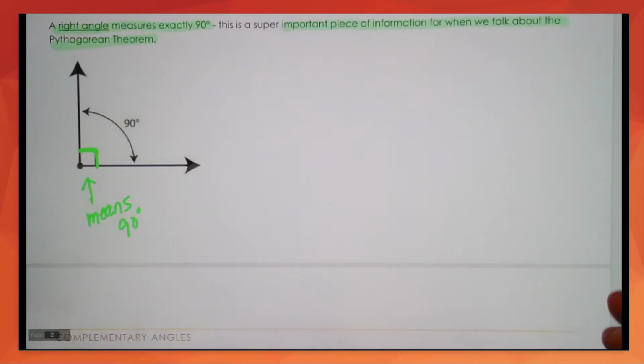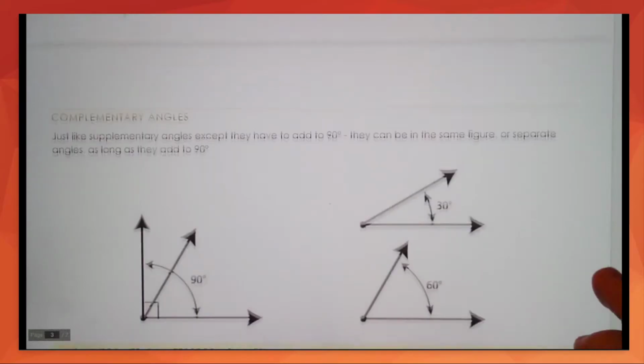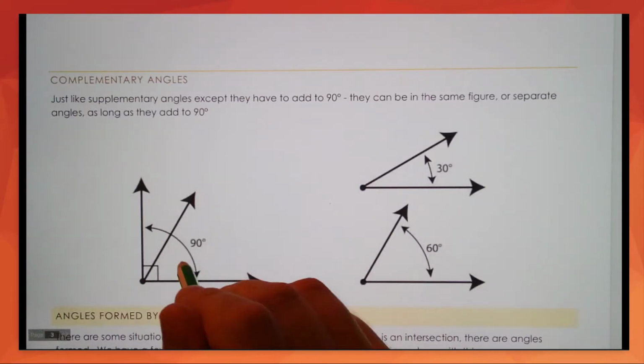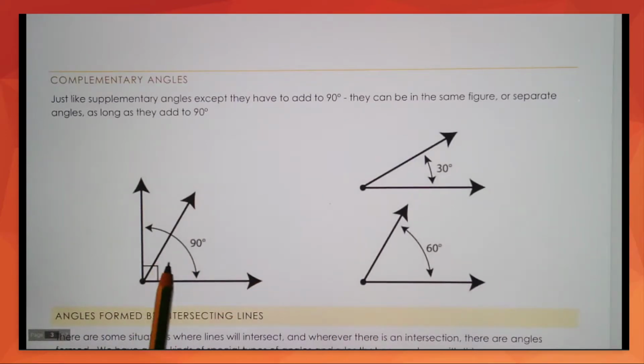And then we have a concept called complementary angles, and this is exactly like supplementary, except they add to 90 instead of adding to 180. So you can have something like this, where these are two different angles that add up to 90, and I know for sure that they are 90, not only because they told me 90 degrees, but because there is that little square icon here in the corner.